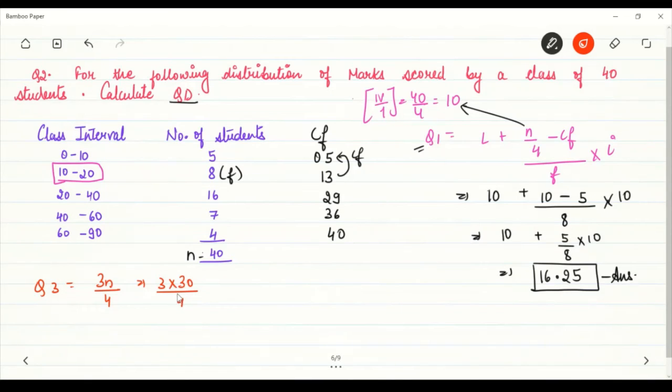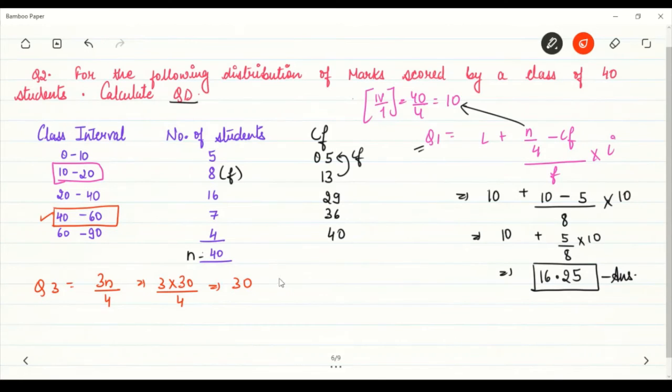So we are going to get the 30th value. This is how we have calculated the 30th value, and it is going to lie in the 40 to 60 class interval. So our class interval is 40 to 60.